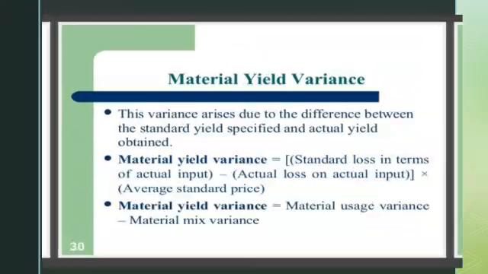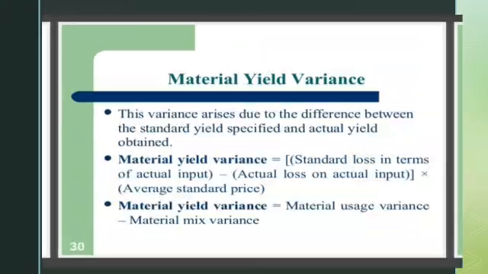The yield variance arises because of the difference between the standard yield specified and the actual yield obtained. This is generally due to abnormal losses in production or qualitative differences in input, such as dampness in the material.